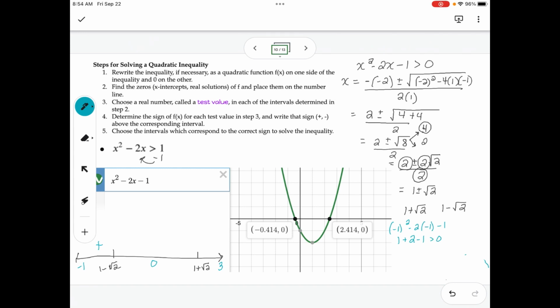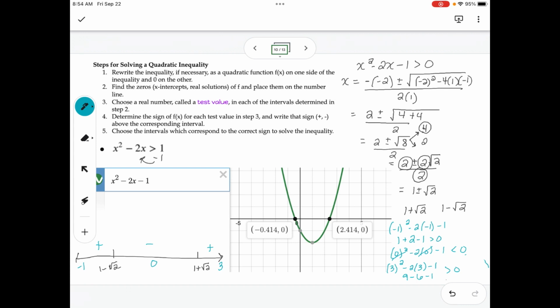If I substitute 0 in, we'll have 0 squared minus 2 times 0 minus 1. This is going to be a negative value in between those two. And then if I tried 3 squared minus 2 times 3 minus 1, so here 9 minus 6 minus 1, we're still greater than 0 over here, which does in fact look like our graph, right?